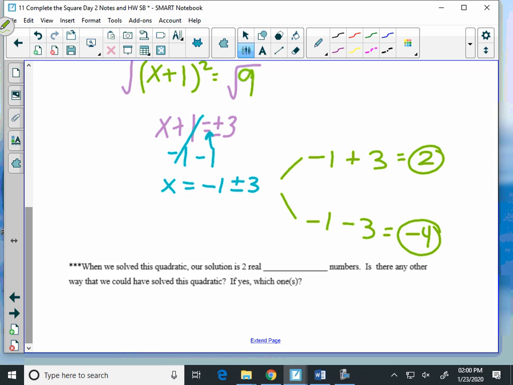When we solve this quadratic, our solution is 2 real what? Rational. Or 2 real rational numbers. Is there any other way that we could have solved this quadratic? Is there other methods we could have used? What could we have used?